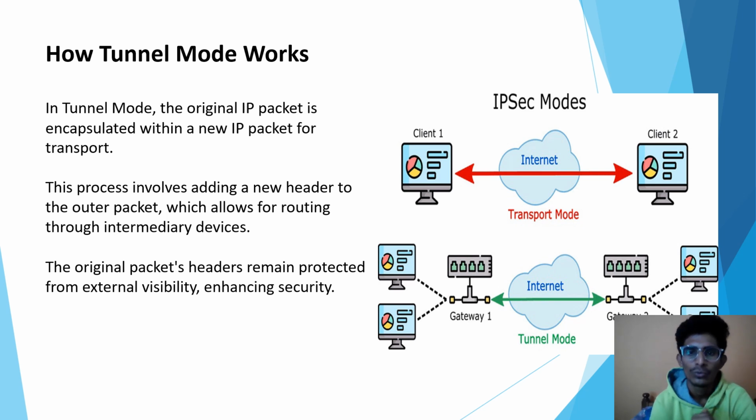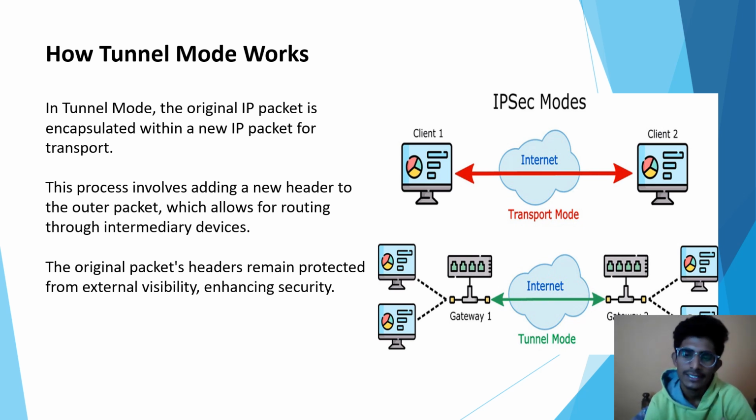How tunnel mode works, we will discuss in this slide. In tunnel mode, the original packet is encapsulated within a new IP packet for transport. As discussed in the previous slide, this process involves adding a new header to the outer packet.